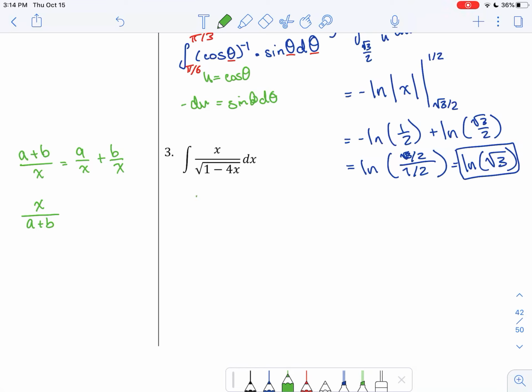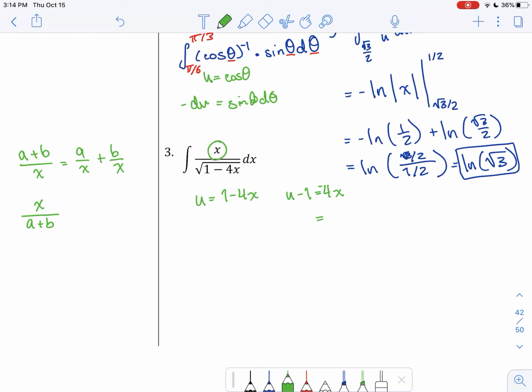I'm going to call u is 1 minus 4x. And I am going to then replace x as well up here. Using my solving skills, I will say u minus 1 is equal to negative 4x.